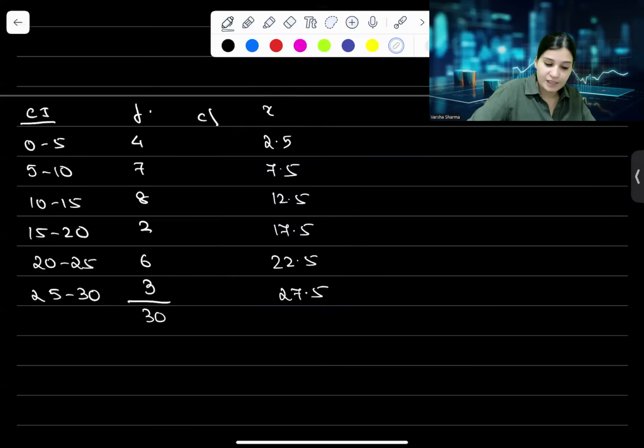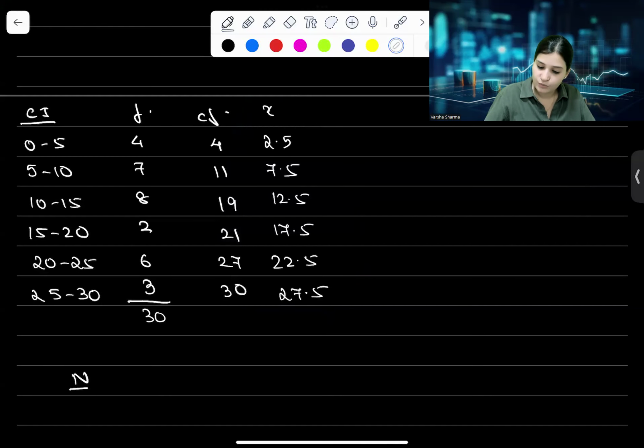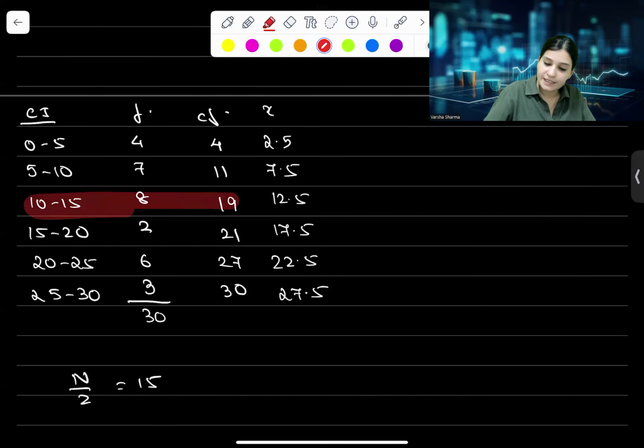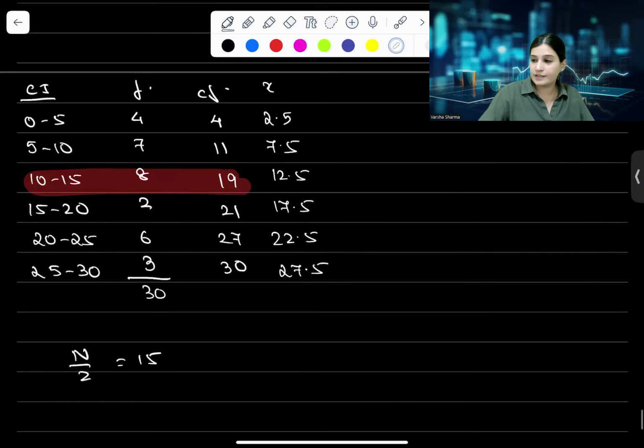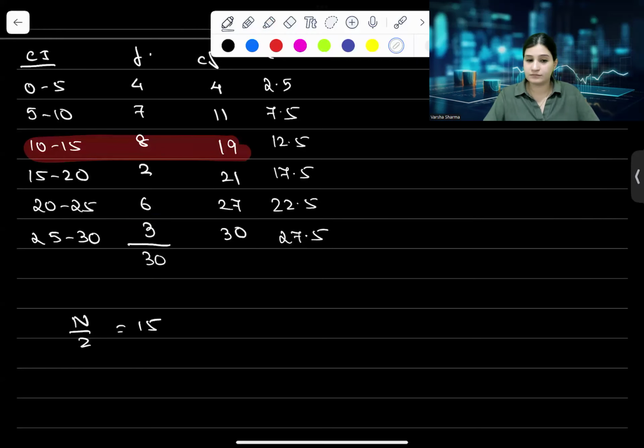We have to find cumulative frequency: 4, 11, 19, 21, 27, 30. So n by 2, that is 15. So this is the median class.